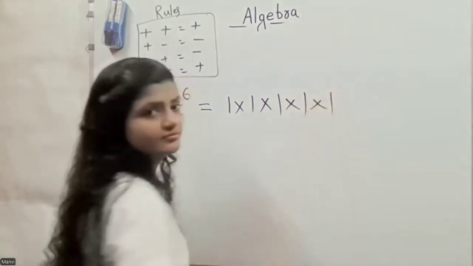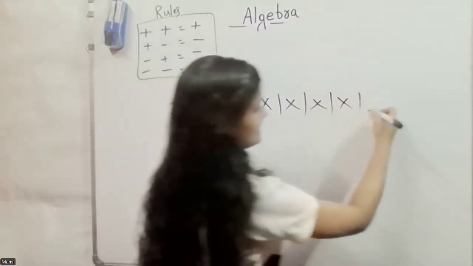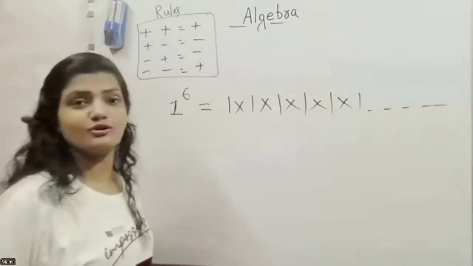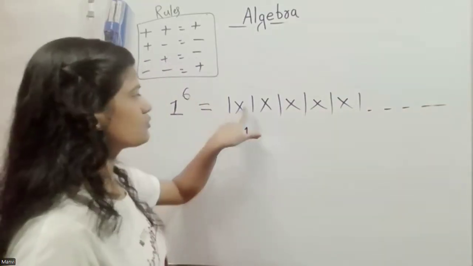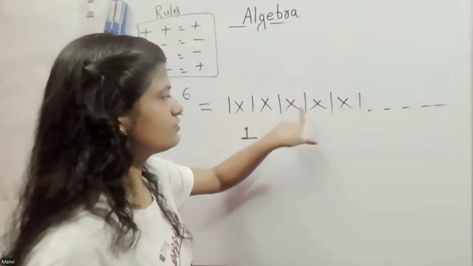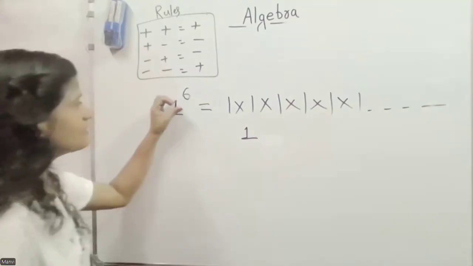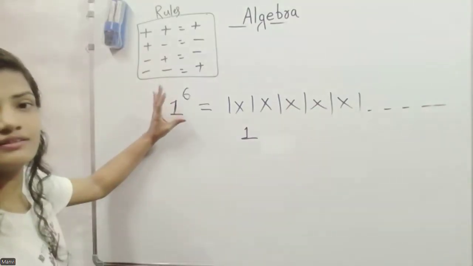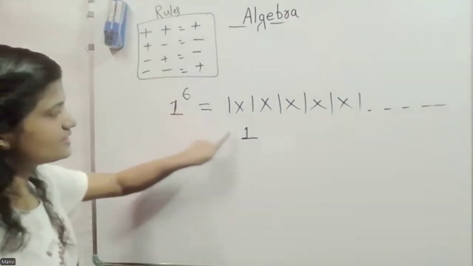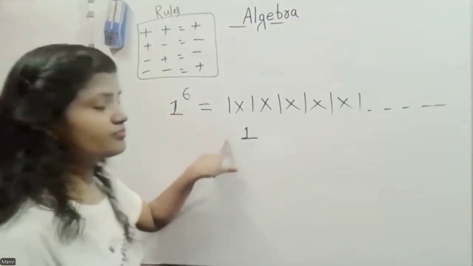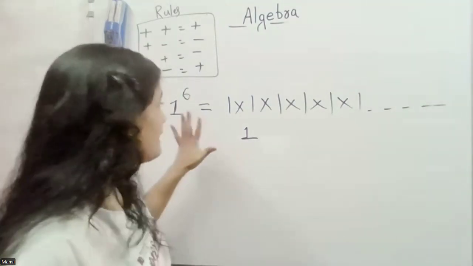If the power is infinity, then also the answer must be 1 only, because we know 1 times 1 is 1, 1 times 1 is 1, always. So the power doesn't matter. Our answer will always be 1 only.